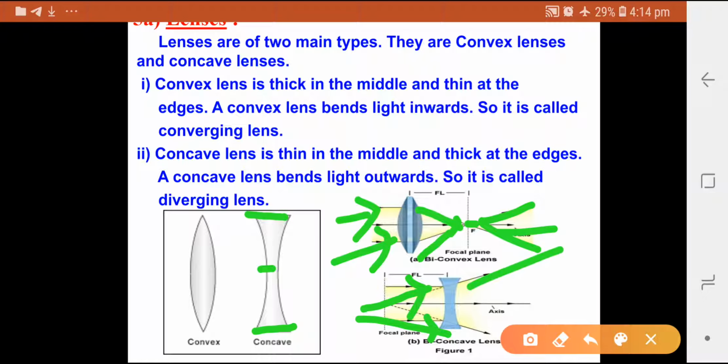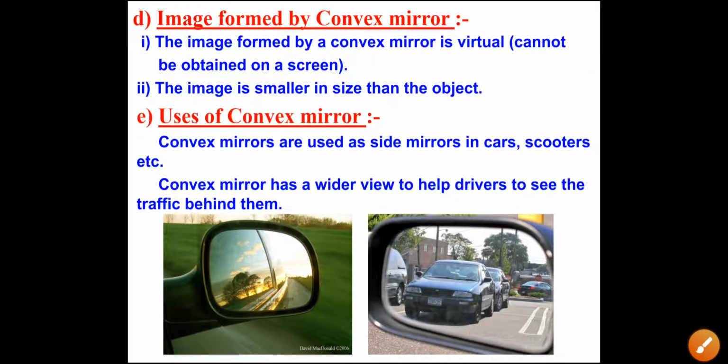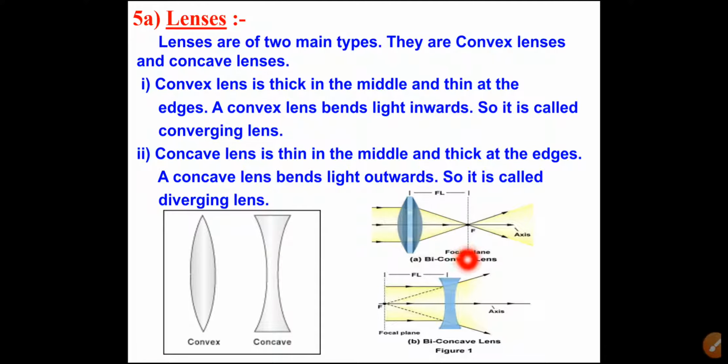This light bends outward and it is called a diverging lens. So in short, the concave lens is a diverging lens and the convex lens is a converging lens.